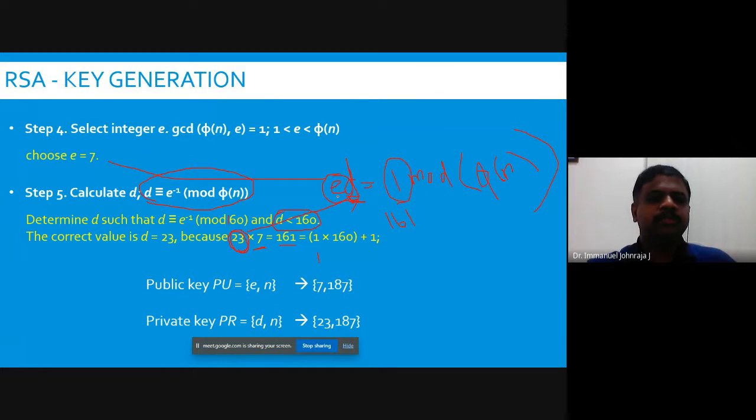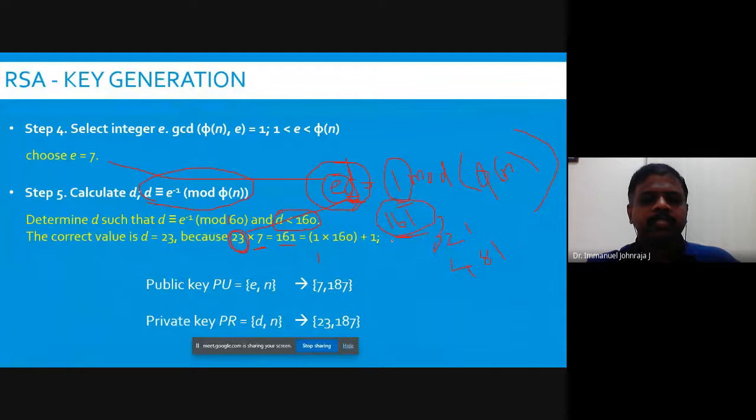E is already chosen. You have to find a value of D such that if you take the modulus phi of n of the whole value, you should get 1. The possible values are, as I said, 161 or 321 or 481 and so on. So you have to find out where you will get 161.